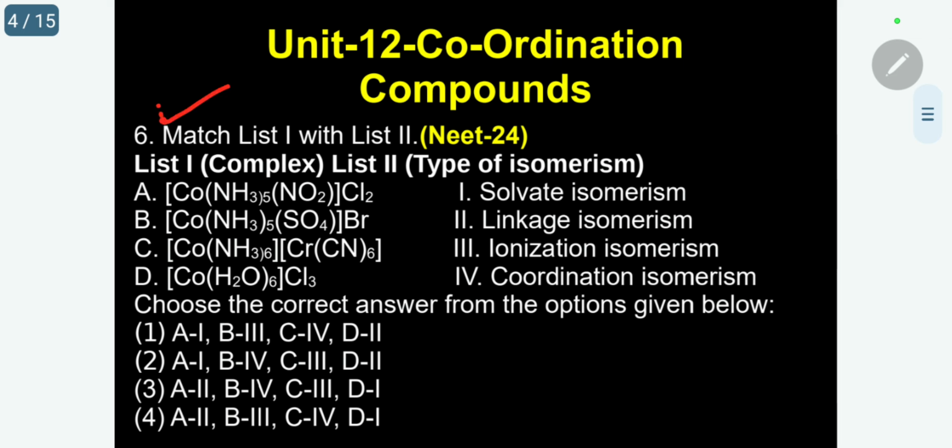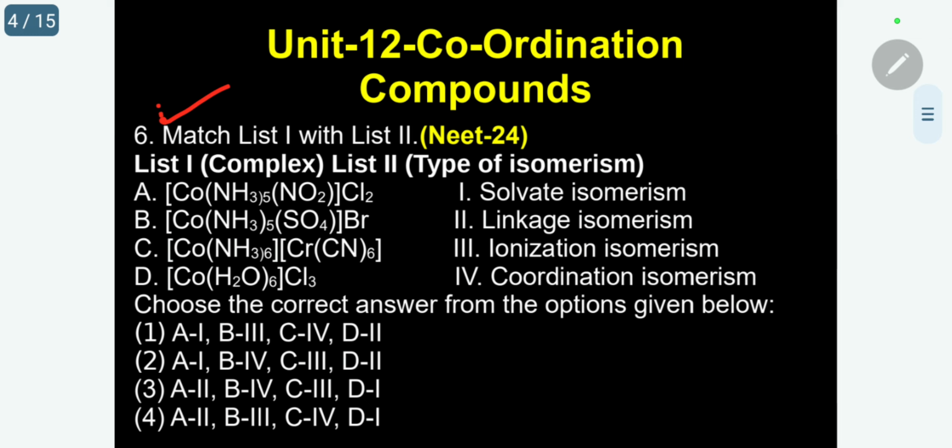Match list 1 with list 2. Question asked in NEET 24. A. [Co(NH3)5(NO2)]Cl2, list 2 option 1, solvate isomerism. B. [Co(NH3)5(SO4)]Br, option 2, linkage isomerism.